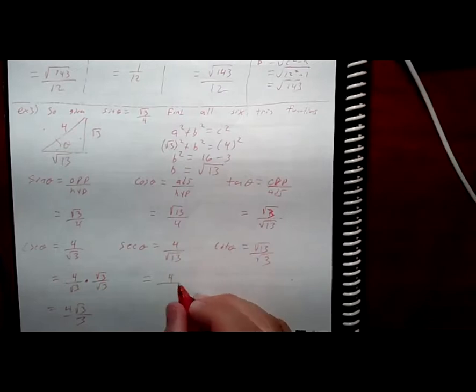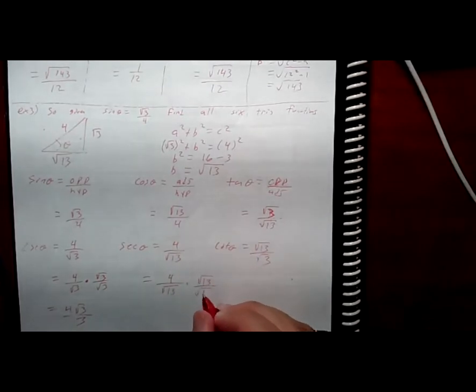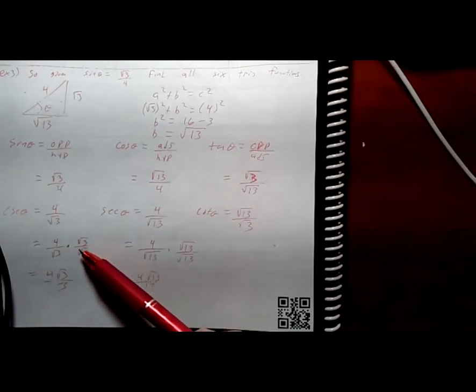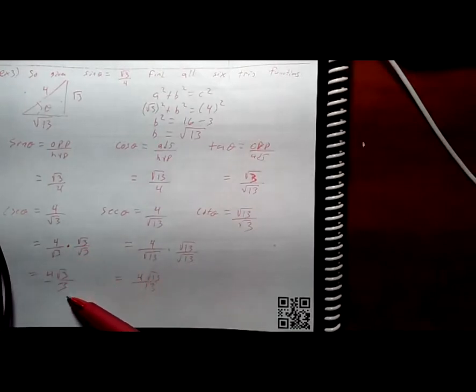This is 4 over root 13 times root 13 over root 13, giving us 4 root 13 over 13. So what happens is when you multiply by this form of 1, it squares the bottom basically and forces it to be just a regular number, no more square roots. Root 3 cancels this root 3, gives me a regular 3, because that would be square root of 9, which is 3.